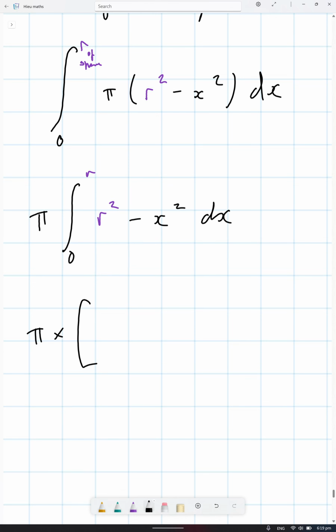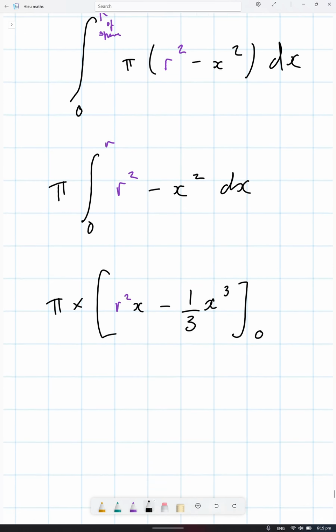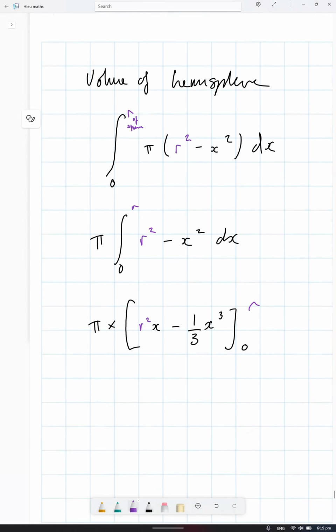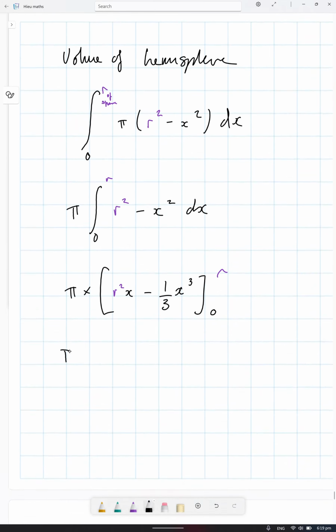So that just integrates into r squared x, because the x is to the power 0, increase the power by 1. And then this one, x, increase the power by 1 is x cubed, divided by the new power, and this is from 0 to r.